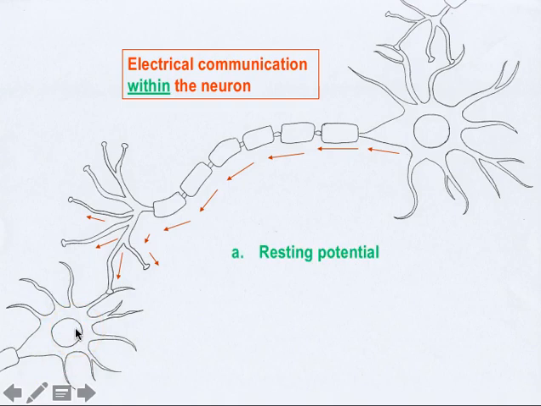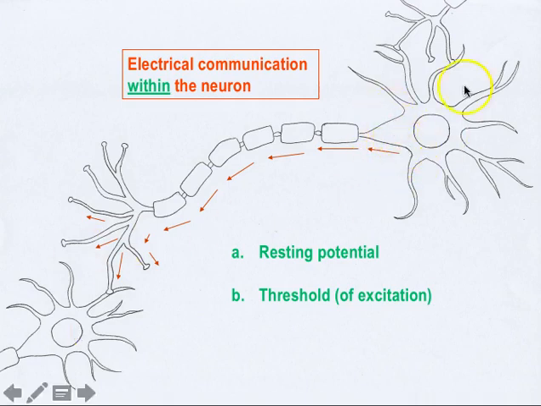The resting potential is just the neuron at rest, doing nothing, sitting around, trying to decide about these messages it's receiving. The threshold of excitation is the point at which the neuron gets the message very clearly that it should get excited and fire off a message.